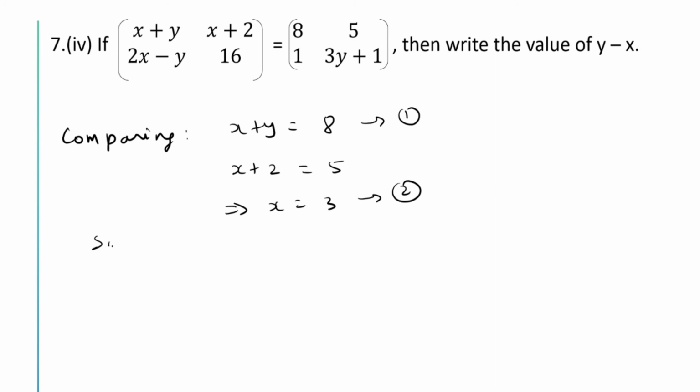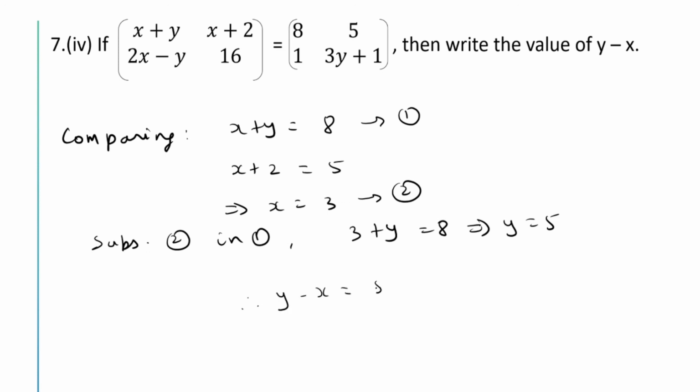So let us substitute in 1, we get 3 plus y is equal to 8, or y is equal to 8 minus 3, which is 5. So therefore, y minus x is equal to 5 minus 3 is equal to 2.